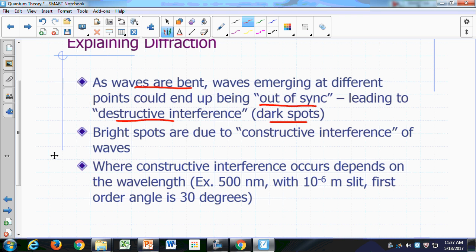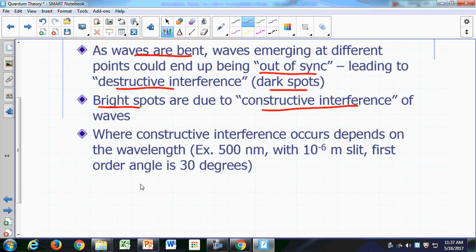At certain angles, there are cases where waves have what's called constructive interference. They reinforce each other, and so the bright spots in the diffraction pattern are due to constructive interference. Now, where the constructive interference occurs depends on the wavelength of the light.